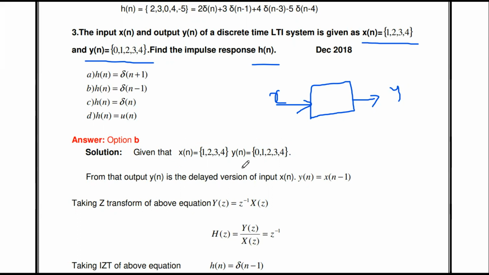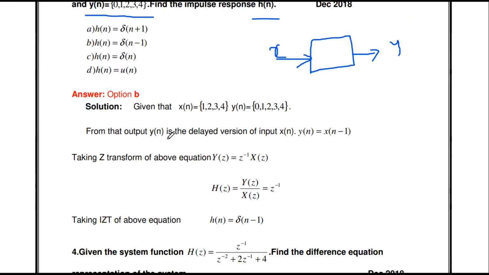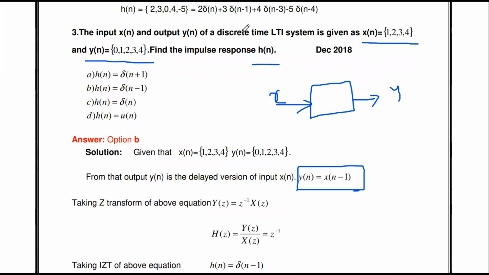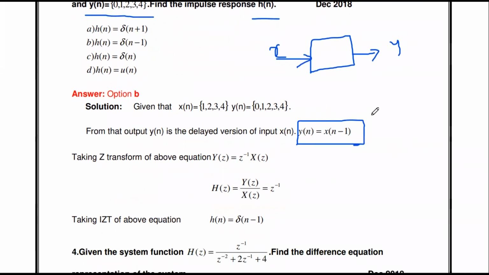Here we are going to use the Z transform method. From the input and output sequences, the output y of n is nothing but a one-time delayed version of the input, that is x of n minus 1. This is the input-output equation of our given system.